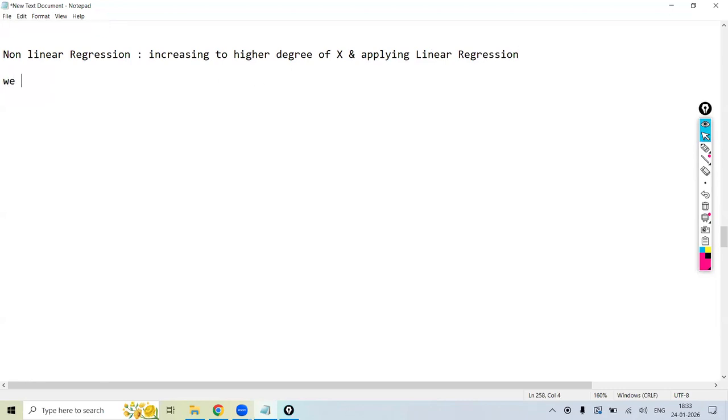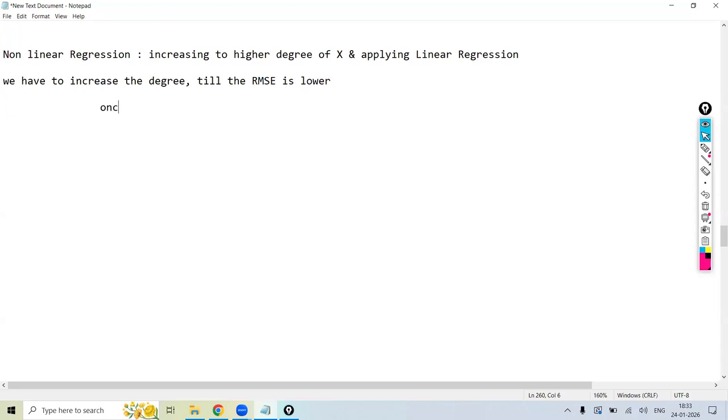We have to increase the degree. How much do we have to increase the degree? Till the RMSE is lower.